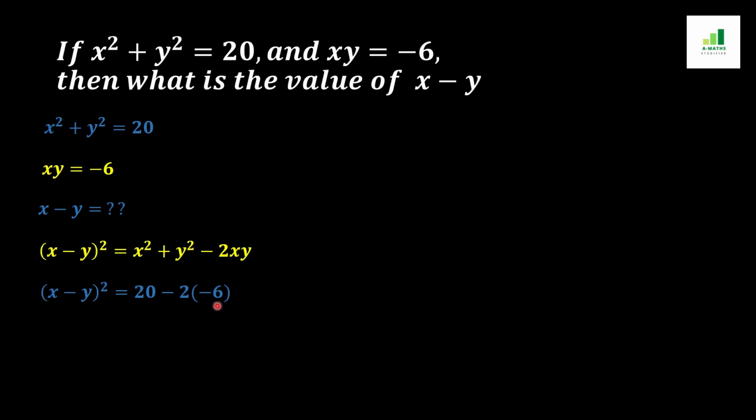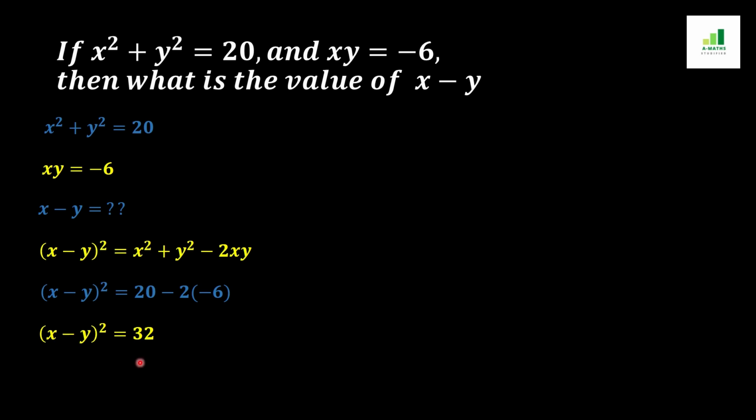Now I will simplify this value and I will get 32, because 2 into minus 6 will be equal to 12, and 12 plus 20, I will sum both values and then I will get 32.